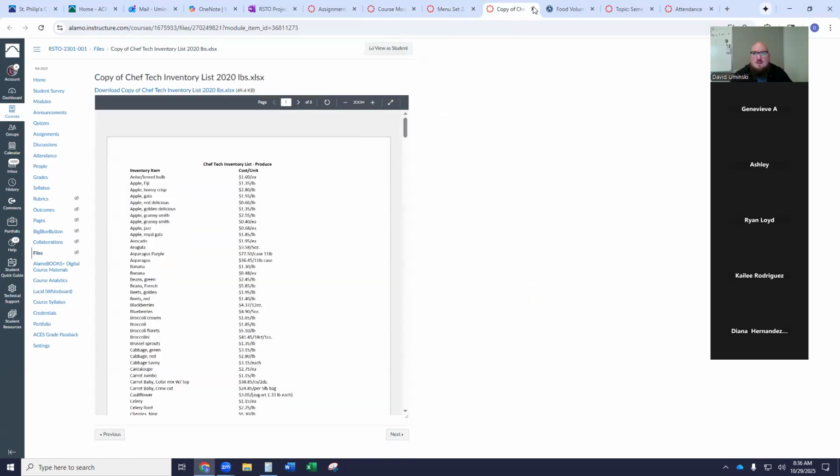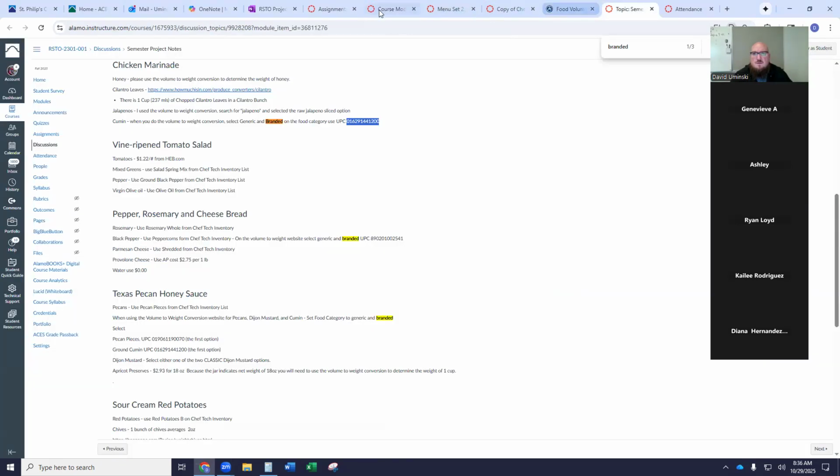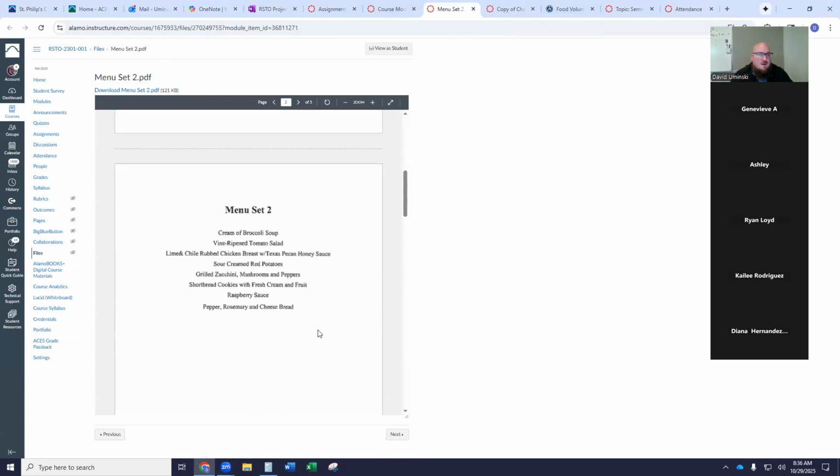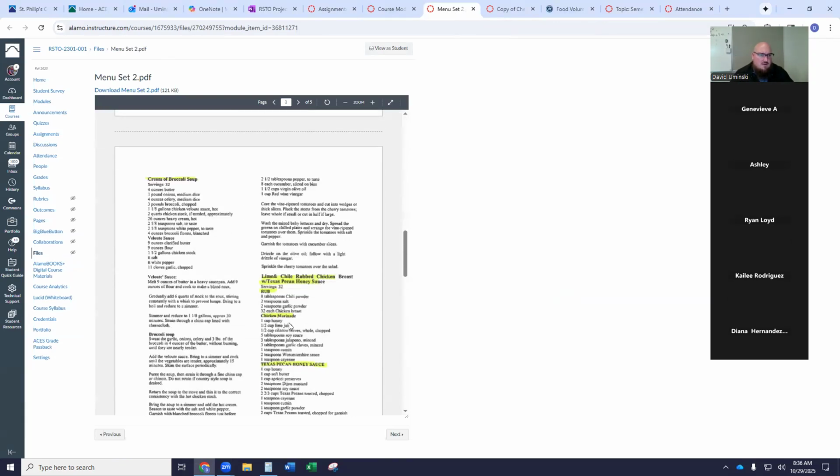I have recipe, Chef Tech inventory, volume, and semester project. So the butter, you said you got the butter, and that's correct? Okay, cool. And then we have flour, stock, salt, pepper, and cloves of garlic.